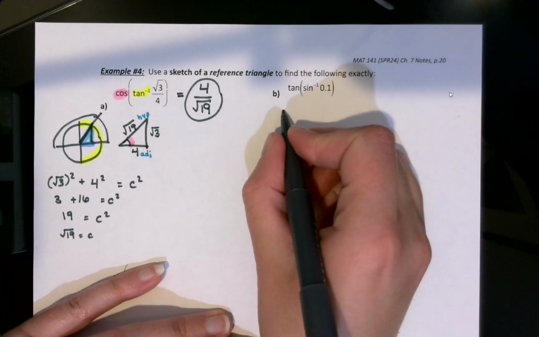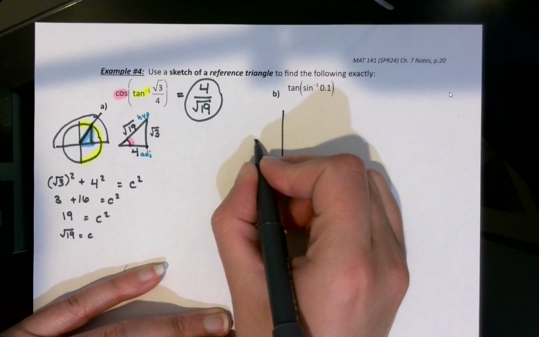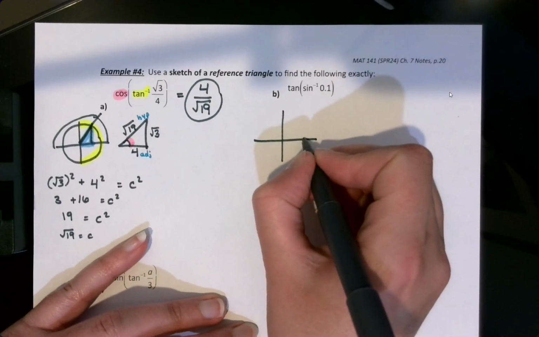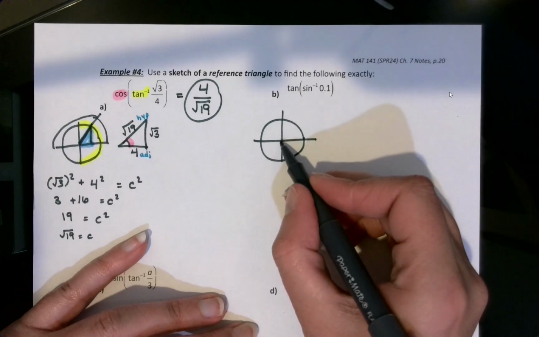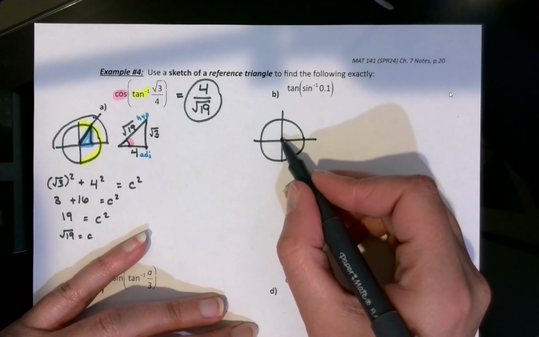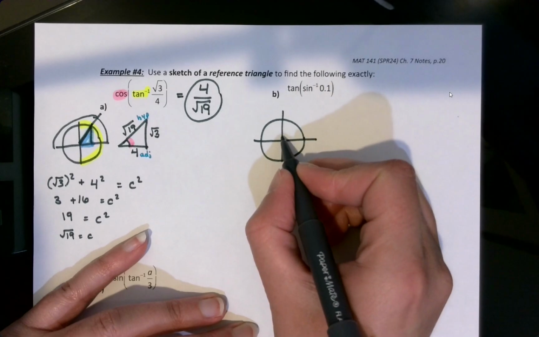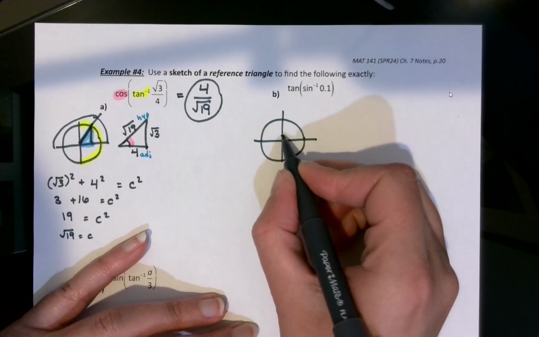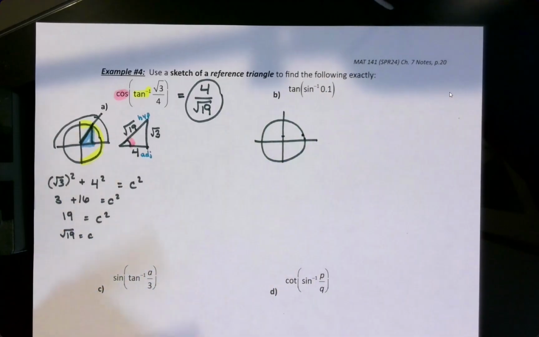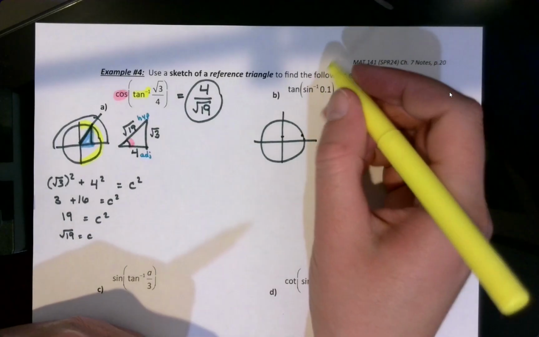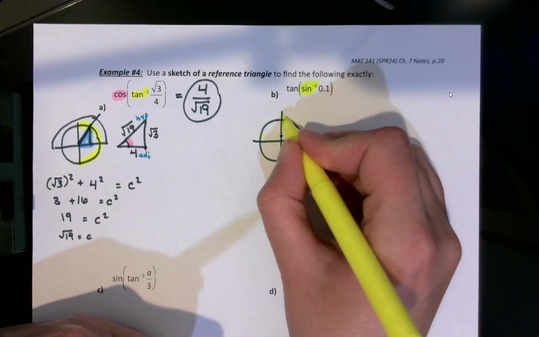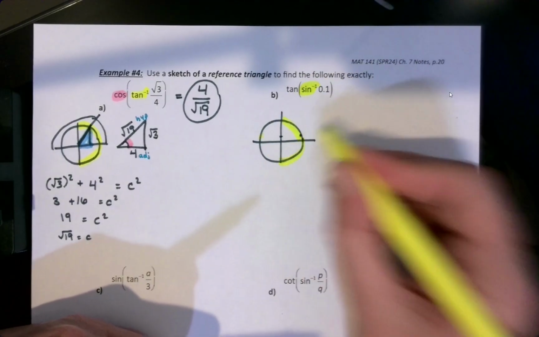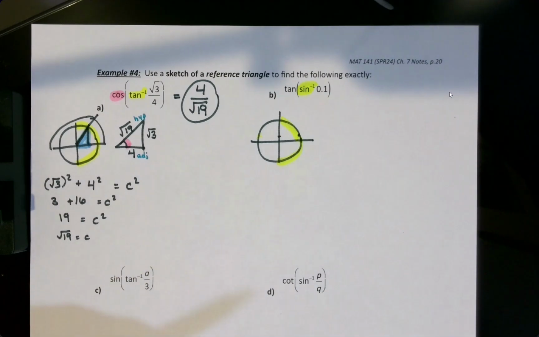Now we're going to be finding the tangent of the arcsine of 0.1. So we're going to draw ourselves a circle. And on this circle, the sine value is 0.1. So sine is a height ratio. It's going to be 0.1. And that's going to be out here because we know that the arcsine function is going to have output angles that are in either quadrants 1 or 2.